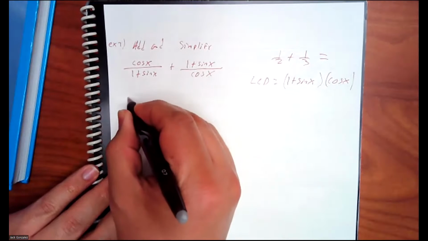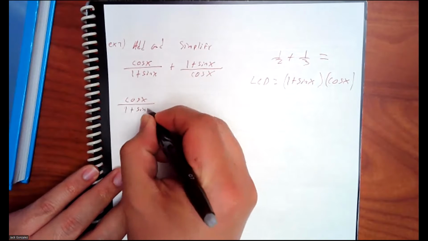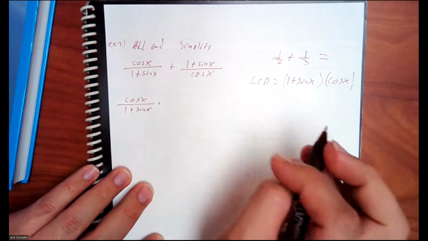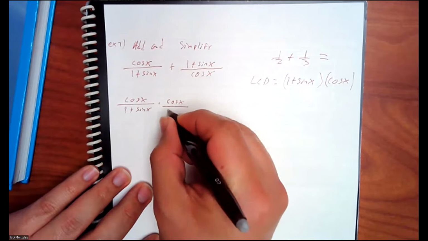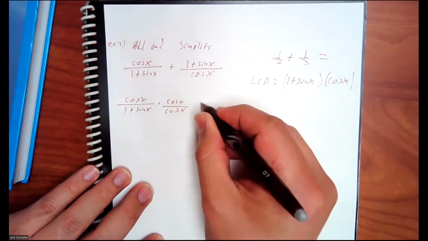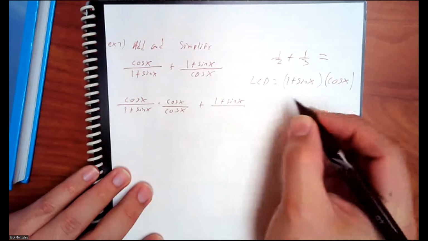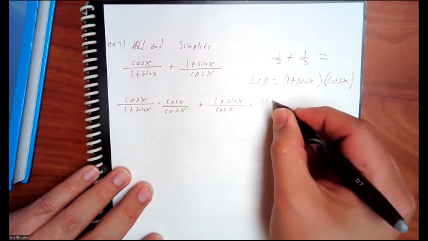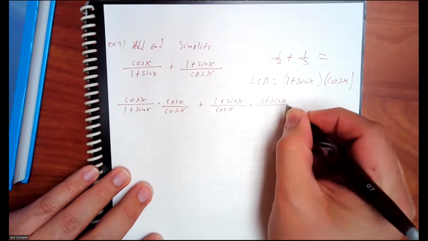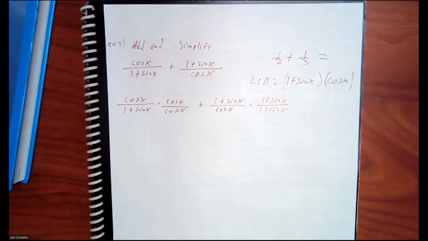So here we go. Do you see what we are doing? Now we're introducing the missing factor to get this common denominator.